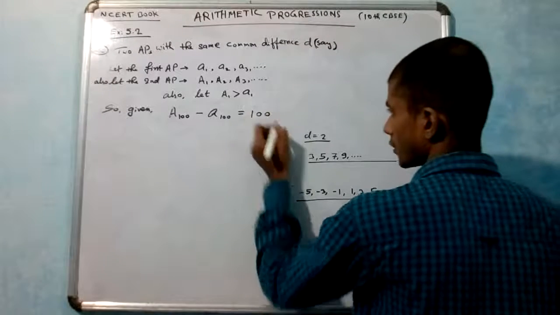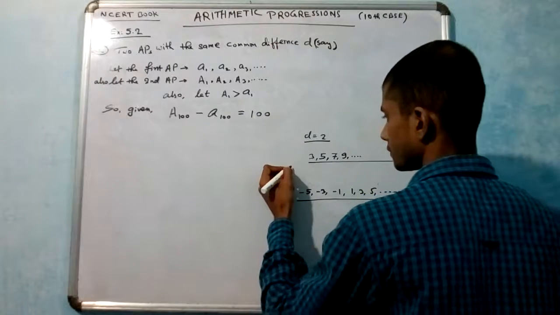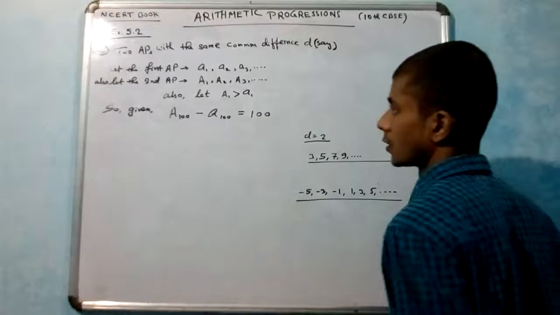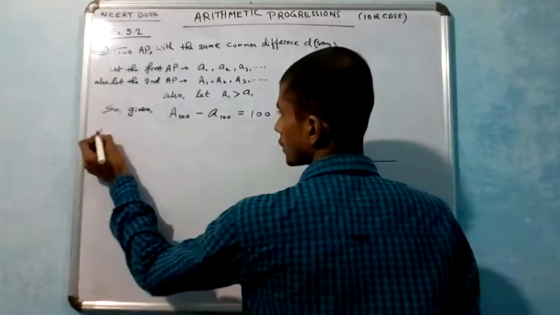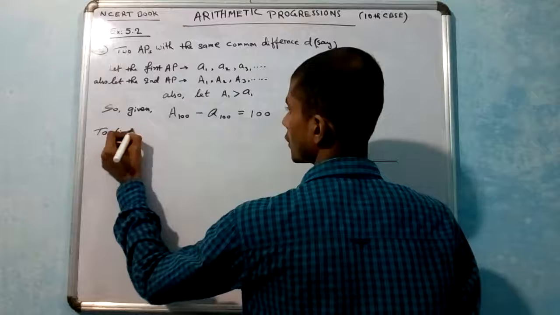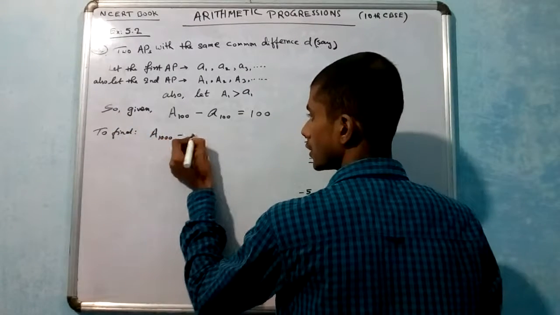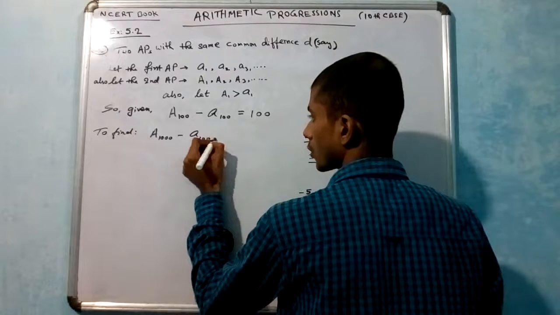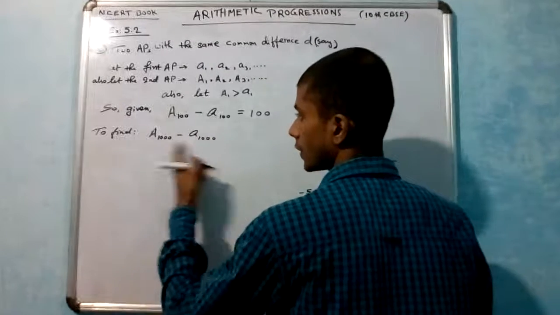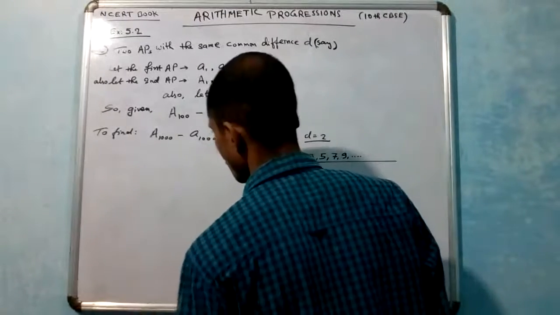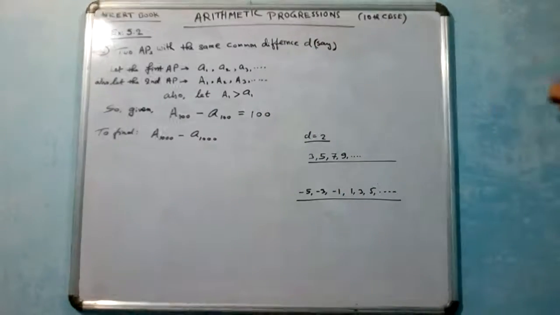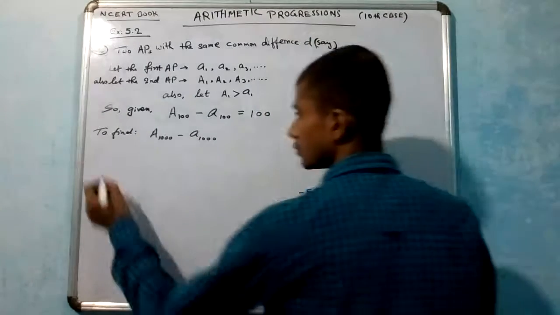Yes, this is given. Fine. To find, what is it asking? To find A1000 minus small a1000. This difference they are asking. Okay? Any doubt?